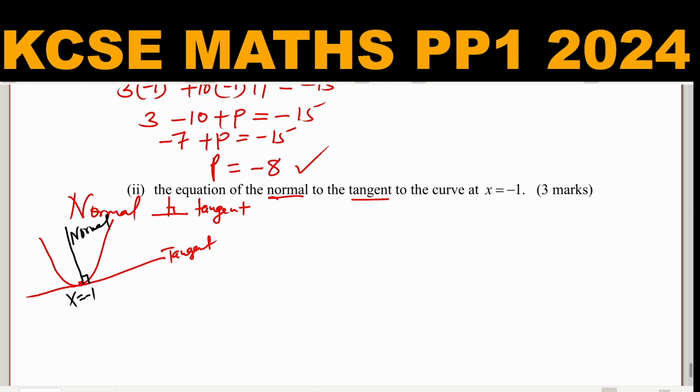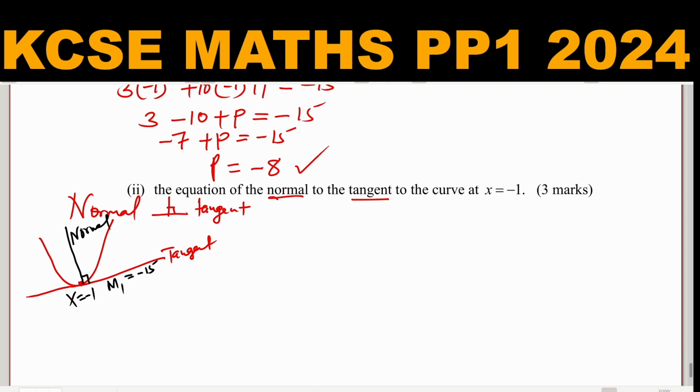If we call the gradient of the tangent m1, which is -15, we can get the gradient of the normal, because when two lines are perpendicular, the product of the gradients should be -1.